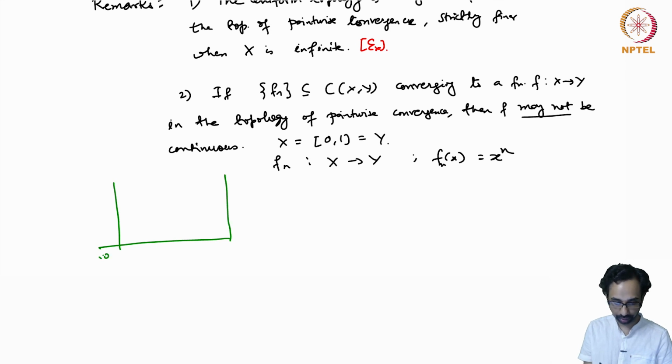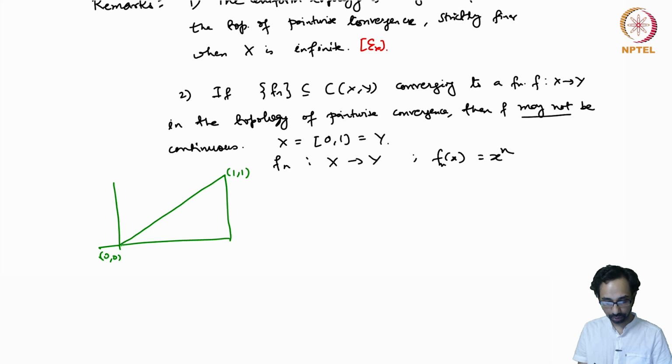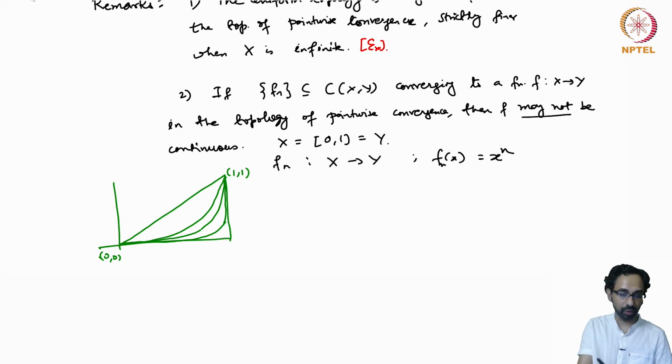And so the graphs of these functions, let me draw some graphs here. So this is the point (0, 0), this is the point (1, 1), and for n equal to 1 it is just the straight line y equal to x. For n equal to 2 it's a parabola, so it is something like this. For n equal to 3 it is some flatter curve like this, and for higher n it goes closer and closer to the vertical line at x equal to 1.